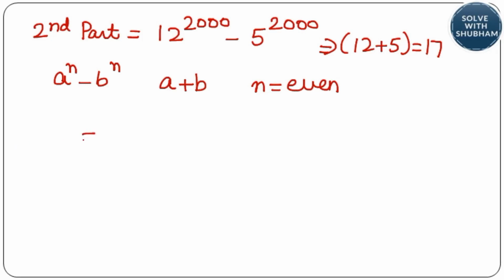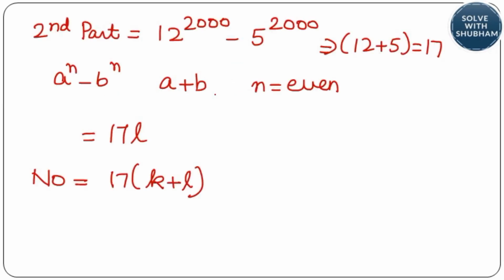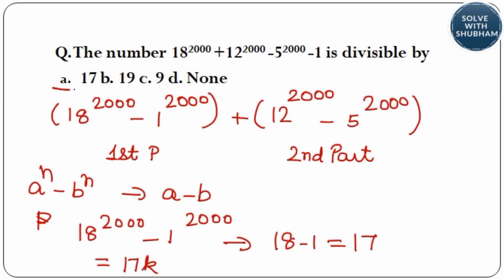It means the second part is a multiple of 17, you can take 17L. So your number is nothing but 17 times k plus L. So basically the number is divisible by 17. So the answer is option number A. So we have made use of the concept of a power n plus minus b power n to solve this question.